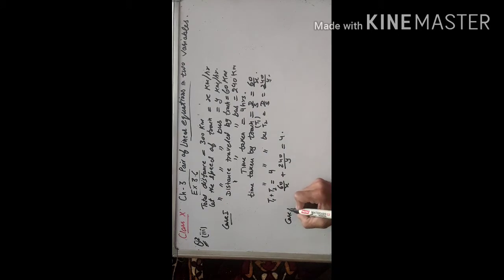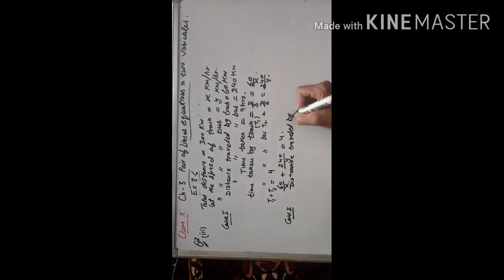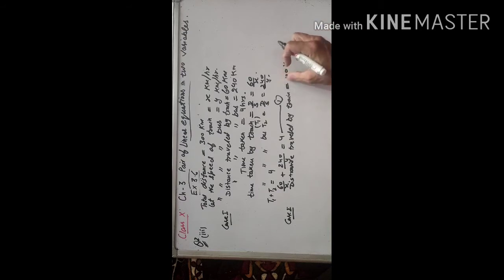Now case 2: distance traveled by train is 100 kilometers, and distance traveled by bus is 300 minus 100, that is 200 kilometers.